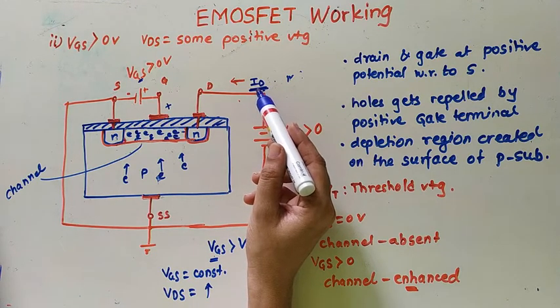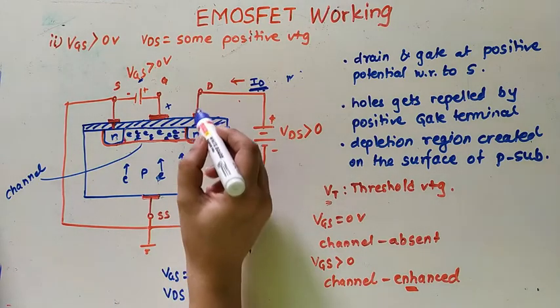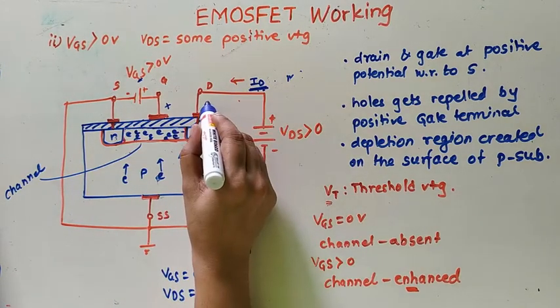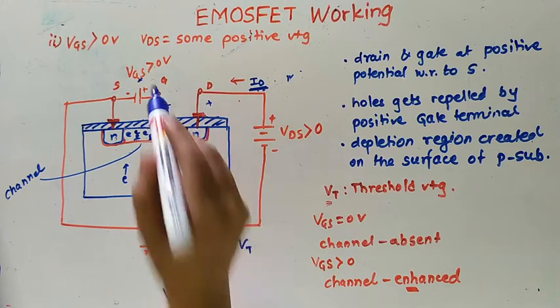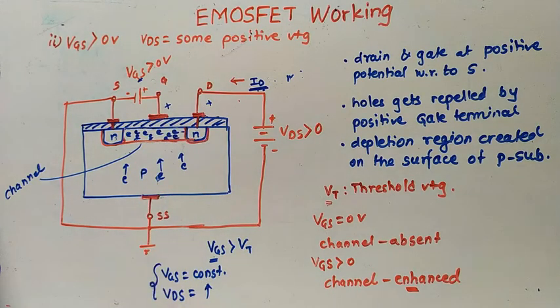Okay, because the drain terminal will be at a more positive potential with respect to the gate. If we do this, keeping VGS constant which is greater than VT, and increase VDS beyond a certain limit, what will happen?